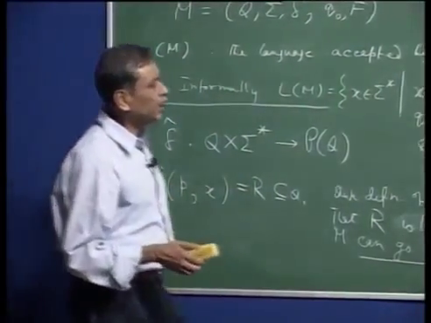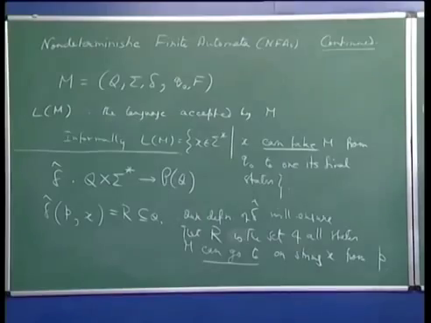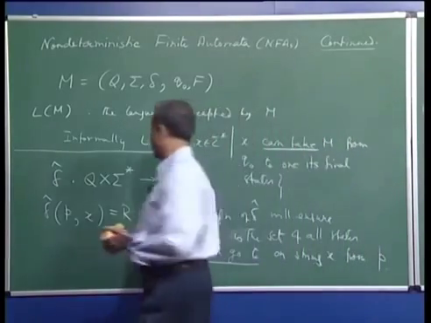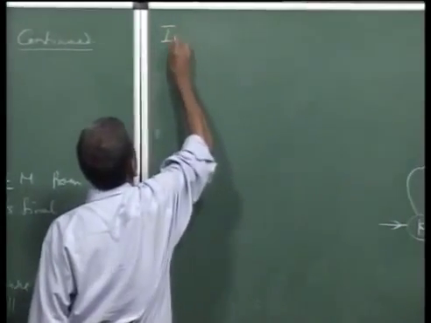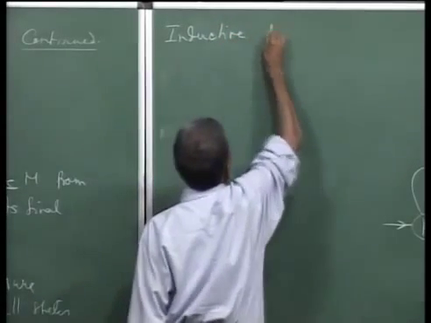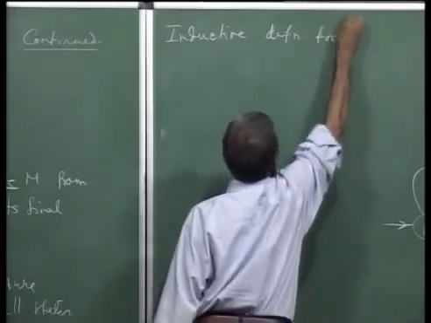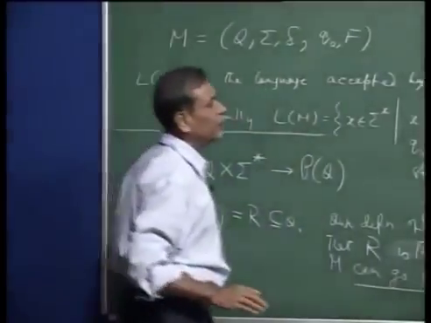And how do we do that? Well, we will do it in this manner. Inductively, we will define delta hat using the definition of delta. And remember, the style is the same as the way we did it for DFA. This is informally what we would like delta hat to satisfy.